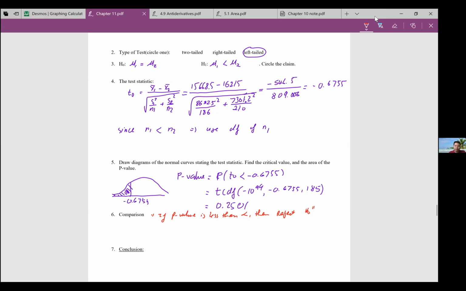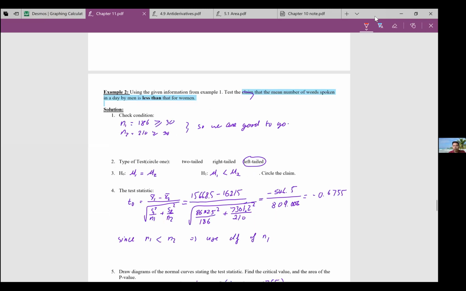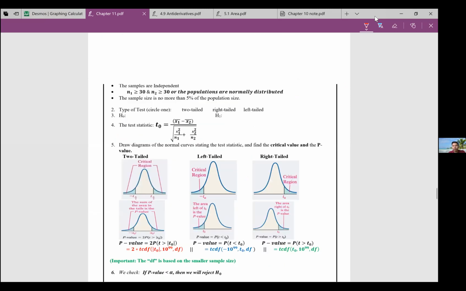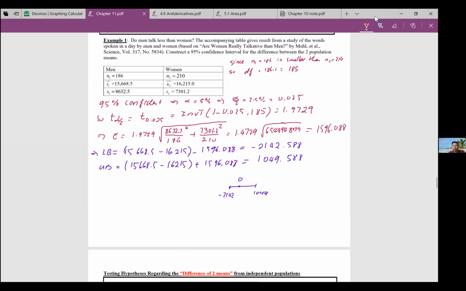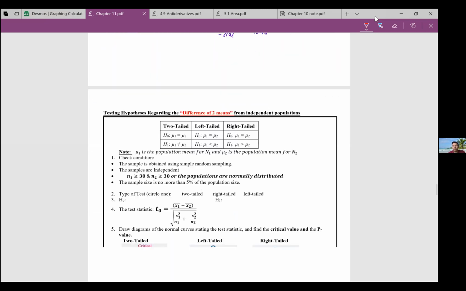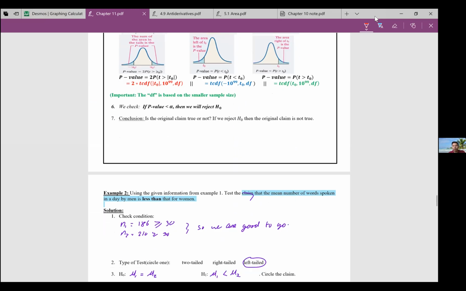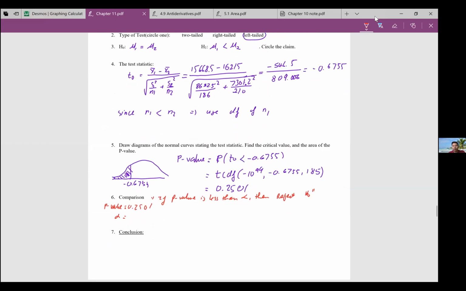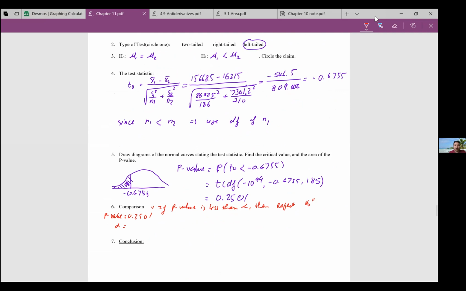My p-value is 0.2501. What is alpha over here? So what is alpha for this case? Well, remember they're all connected. So over here, we have 95%, therefore alpha will be 5%, right? And we can use alpha as the significance level, okay?